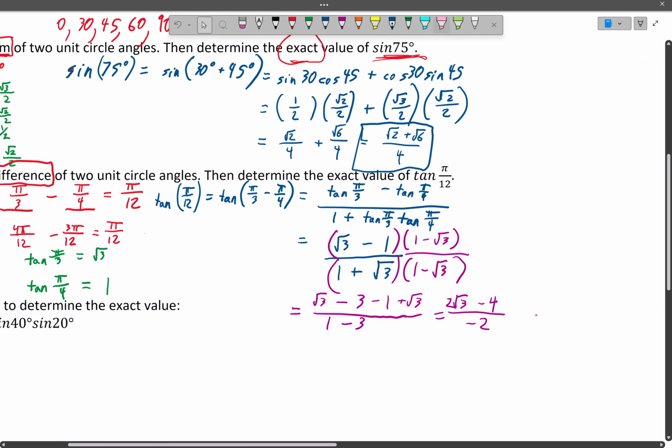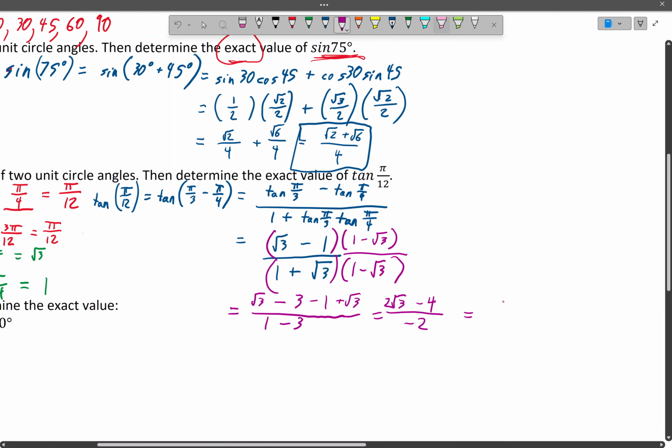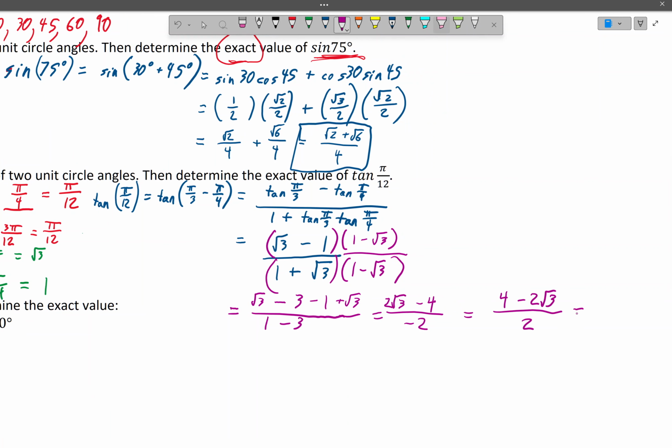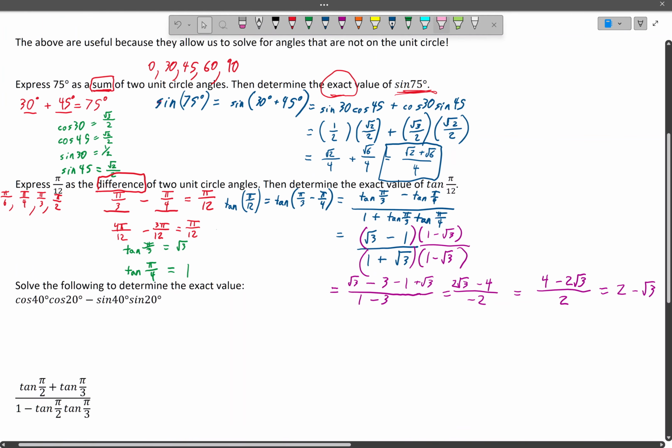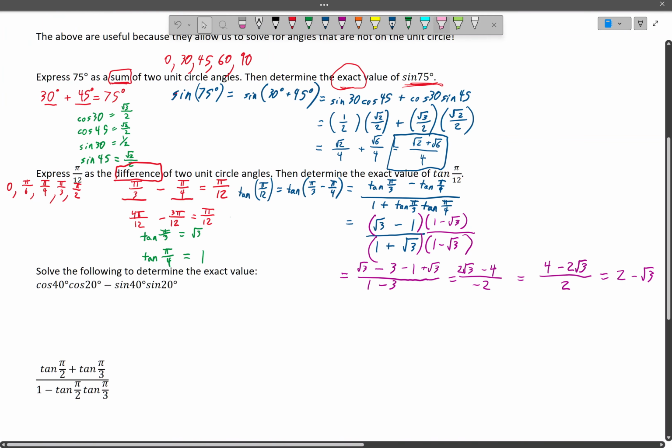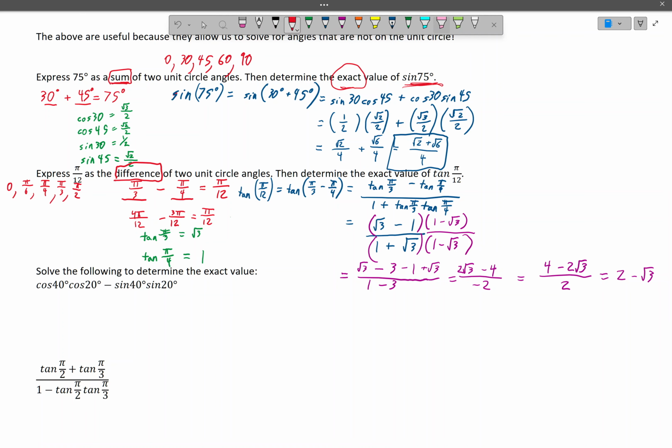And so we'll rewrite this a little bit, and we'll go 4 minus 2 root 3 over 2. And we can simplify that as well, so it's going to be 2 minus root 3. All right, so we can do this with radians, we can do it with degrees, and again, it's useful because it lets us solve things that are outside the standard unit circle.